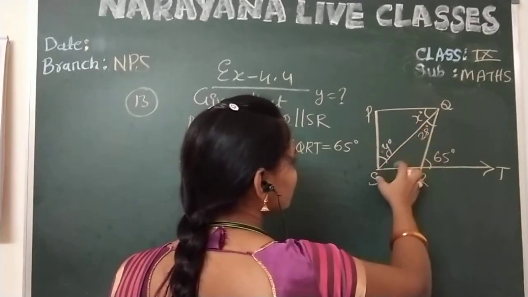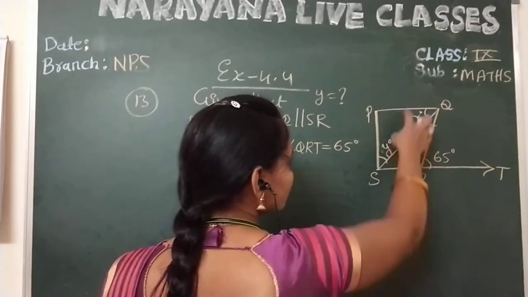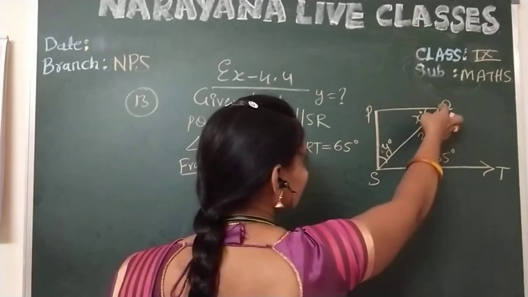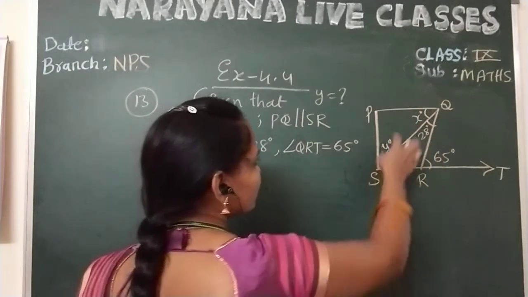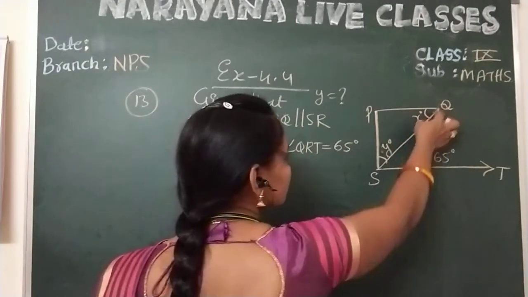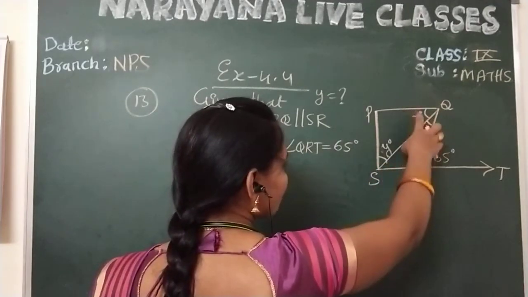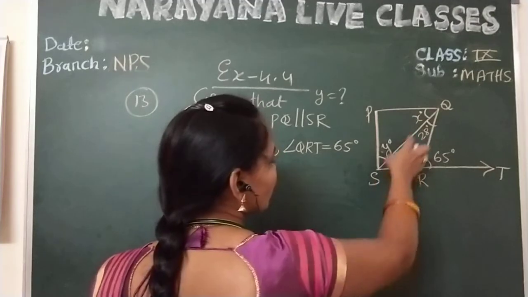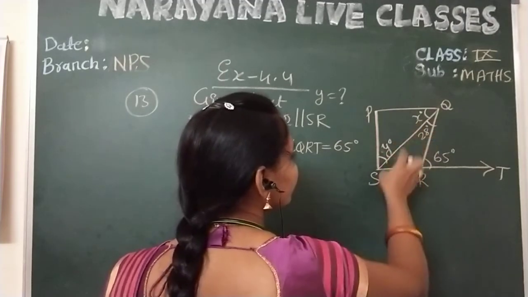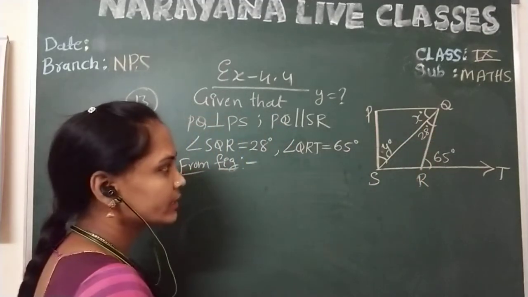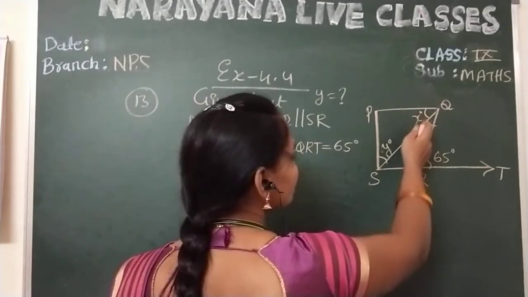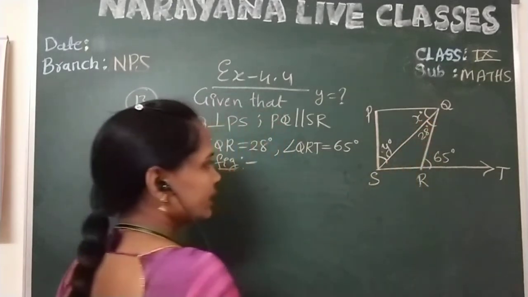Here, these two are parallel lines and this is a transversal. For these parallel lines, these are two interior angles. What type of interior angles? Alternating interior angles, and alternating interior angles are always equal.